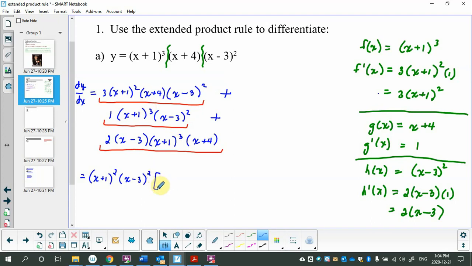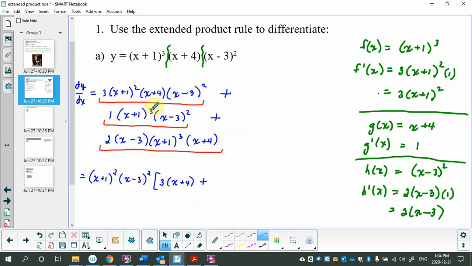And then I have to lay down a square bracket and recompare to find out what's left. So comparing this to my original first chunk of information, I need a 3. I took out all of the x plus 1 brackets. I took out all of the x minus 3 brackets, but I need an x plus 4 bracket. Plus sign. I need a 1, which I'm not going to write down.